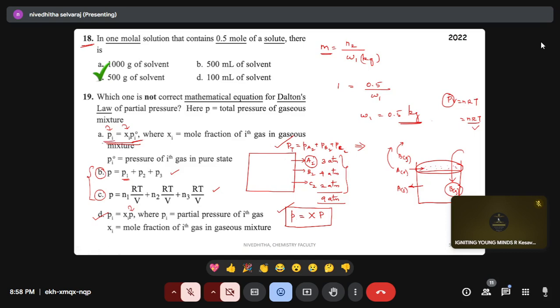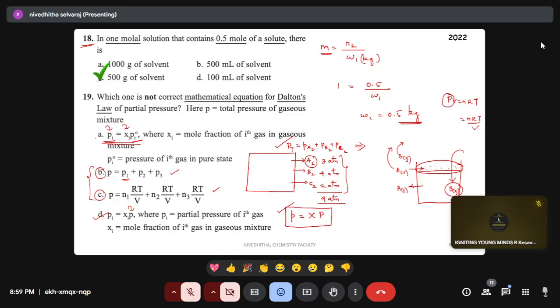Here we have dissolved a particular quantity of gas inside the solvent, due to which there is a pressure exerted on the surface of the solution. So here the pressure exerted on the surface is due to the gas which is dissolved inside the solution.